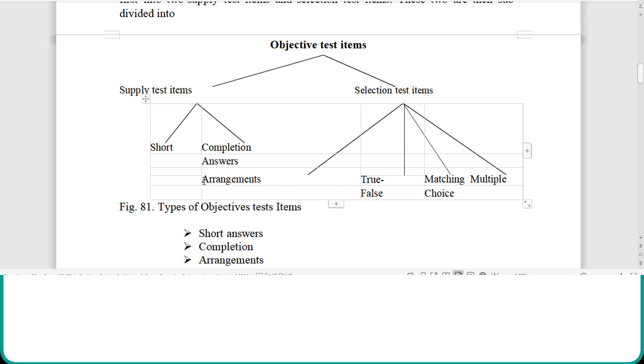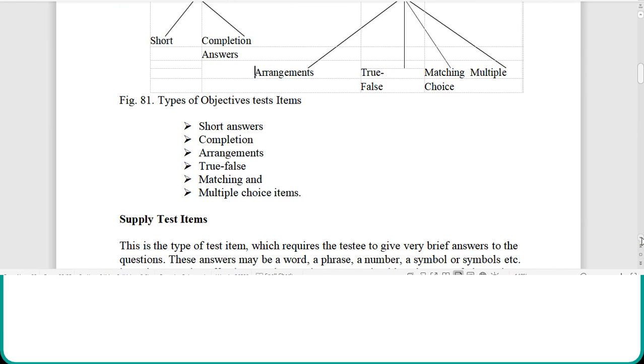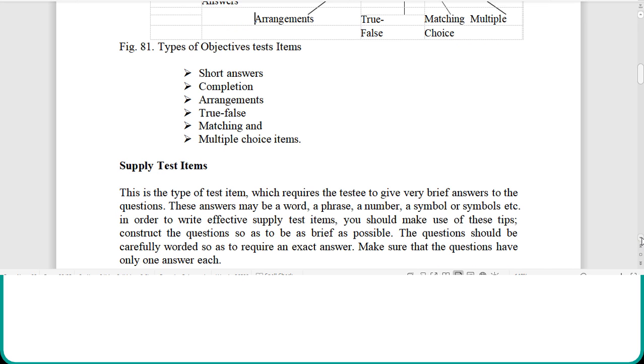The first category is arrangement, where you will arrange the answers, and the second one is the true-false type of question. Matching and multiple choice are the other types. Matching may be column type questions where you have to match the choices, and MCQs are the most popular type of the objective test. So overall we have these categories of the objective type test.